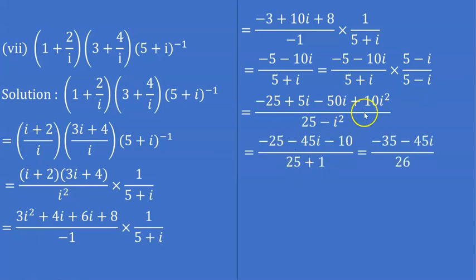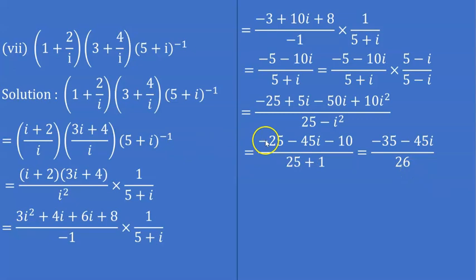Now next simplification: minus 25, keep it as it is, plus 5i minus 50i, then you will get minus 45i. Next, 10i square, but i square is minus 1, 10 into minus 1, you will get minus 10. And in the denominator, 25, i square means what? Minus 1. This minus and minus will become plus, 25 plus 1, then you will get 26.